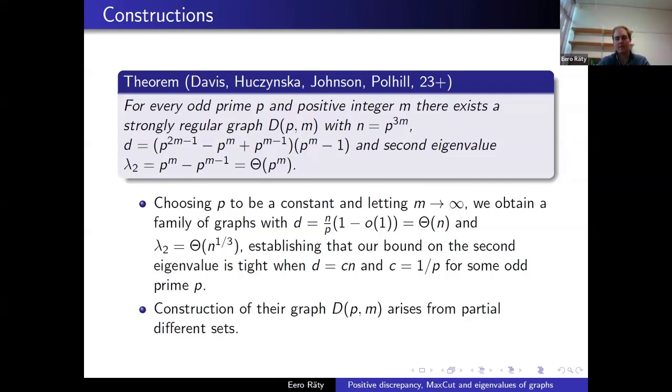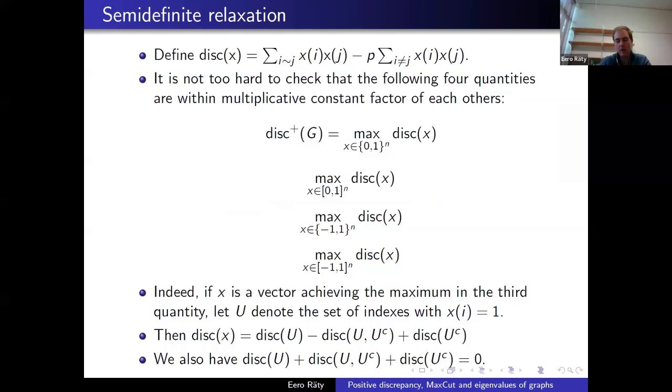Okay, so having said a few words about our results and upper bound constructions, I'll say a few words about how these lower bounds can be proved. The lower bounds are proved by considering suitable relaxations of discrepancy.